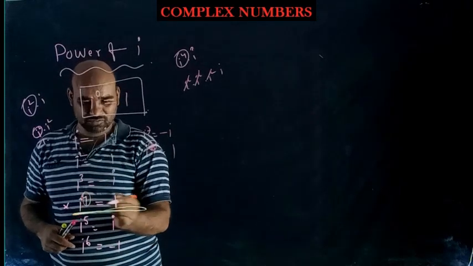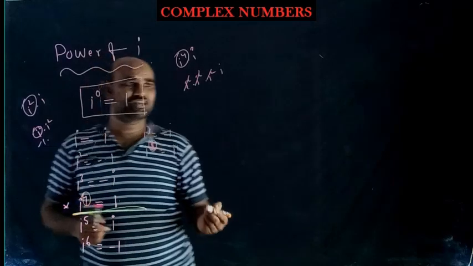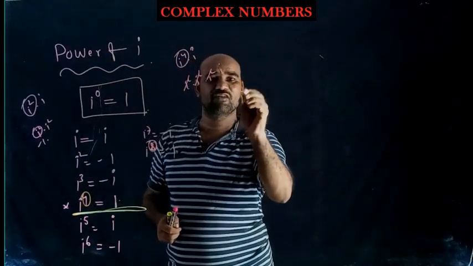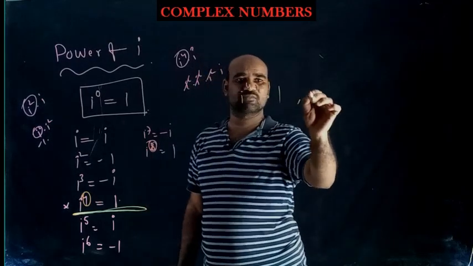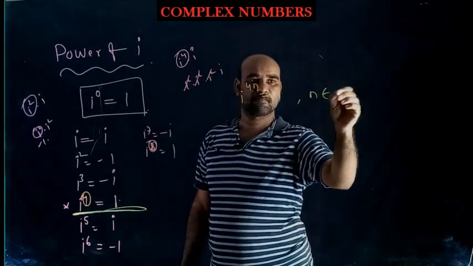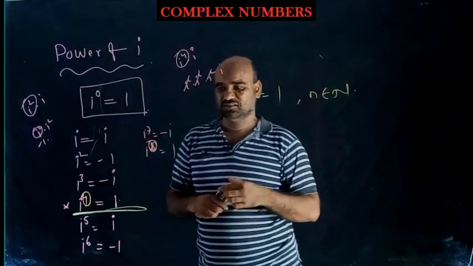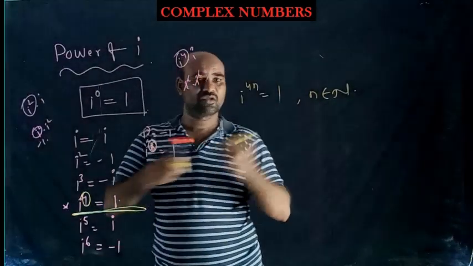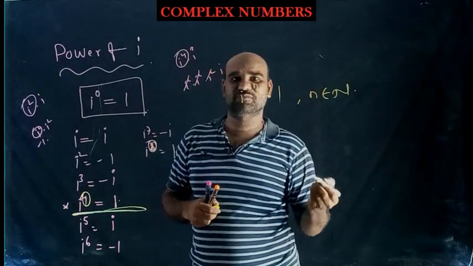Power 4, 1; multiple of 4, 1. So what is the meaning of this? I power 4n equal to 1, where n is a natural number. Understood? I power 4n is 1.